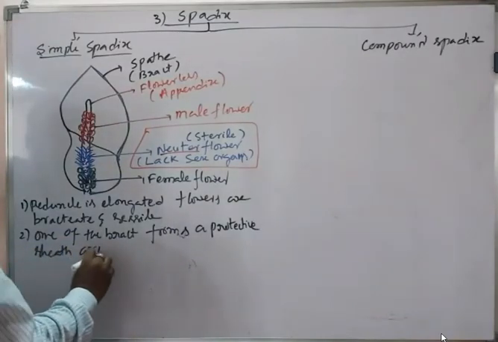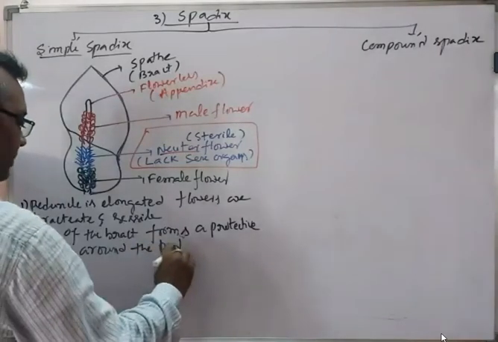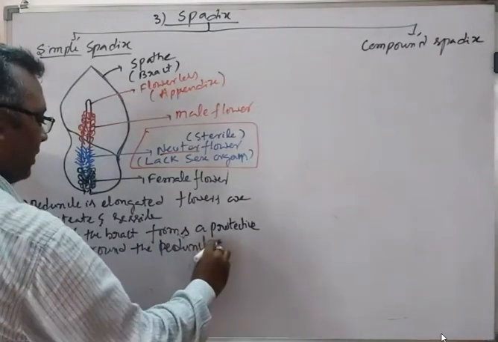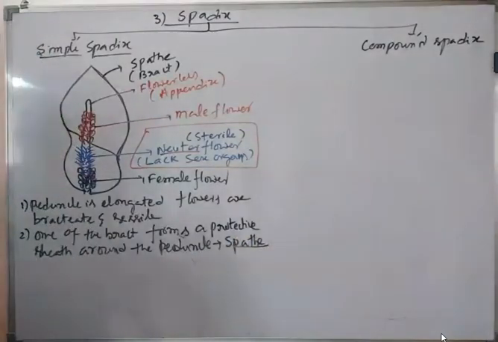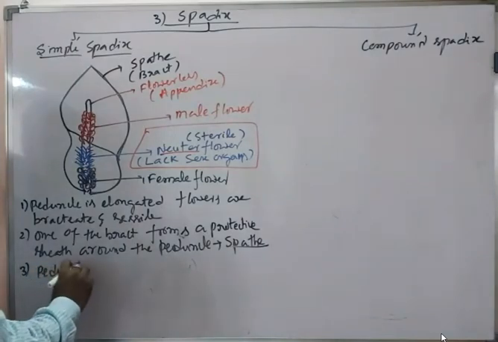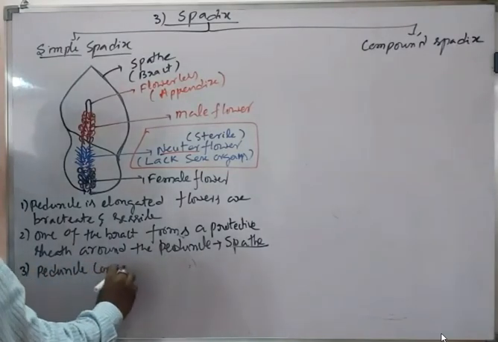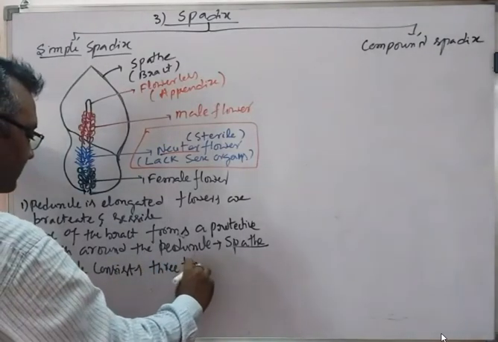Around the peduncle is called spathe, S-P-A-T-H-E, spathe. Peduncle consists of three types of flowers.